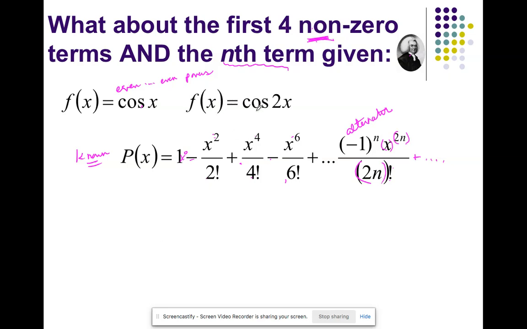But what if I asked you for cosine of 2x? If you wanted to build this from scratch, you would have to find all the derivatives of cosine of 2x, plug in, and so on. It wouldn't be terrible, but instead of doing that, take the known. Notice that cosine of 2x is just a composition. Do you see that?